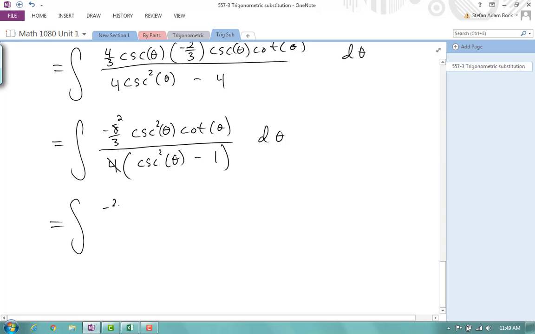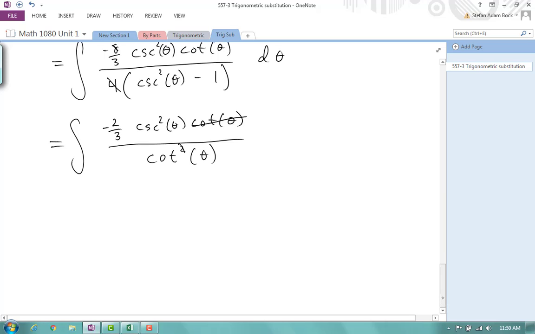So this replaces with cotangent squared of theta in the denominator, which lets me cancel one of these with one of these. And it just so happens that cosecant squared is the derivative of cotangent.